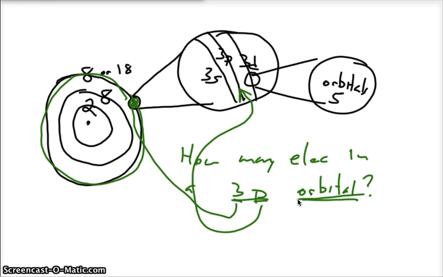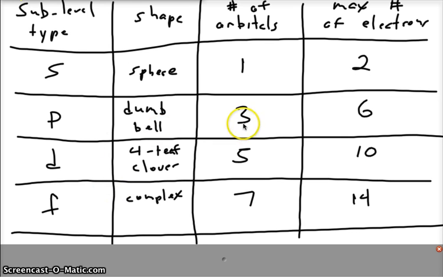Any orbital can have 2 electrons. Now, if I asked, how many electrons can there be in a 3p, not orbital, but 3p sublevel? Well, now we go back to this table here. A p sublevel has 3 orbitals, which would have 6 electrons.